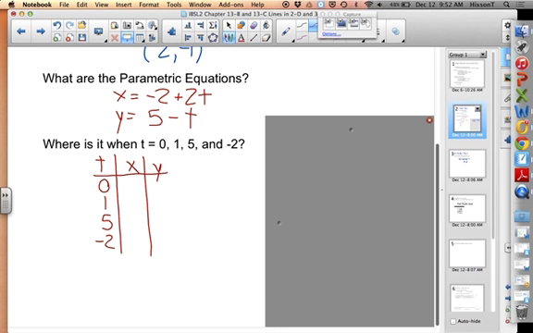Where are we when the time is 0? That's our starting time, right? So our starting position was -2, 5. If you plug in 0 in both of these, you get -2 and 5.